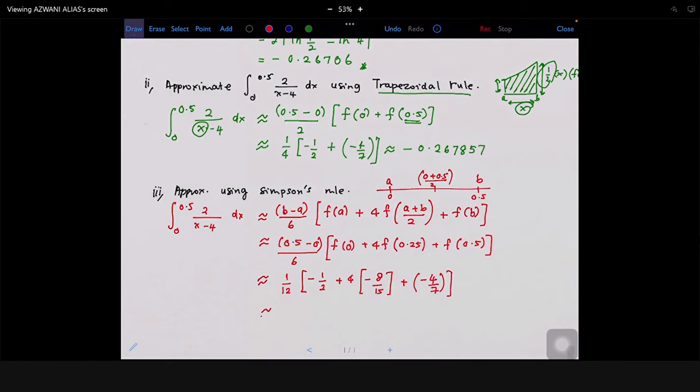Okey. Calculate. Buat apa? Negatif 0.267635. Sama tak?